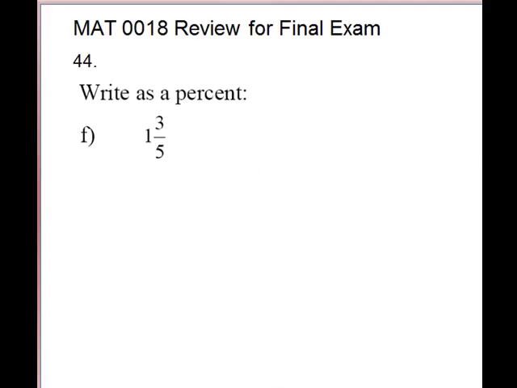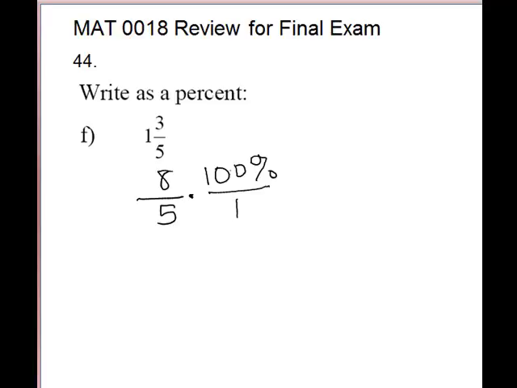For our mixed number, there is more than one way to go to get to percent, but let's just go ahead and multiply by 100% since that's what we've been doing. To multiply by 100%, let's make this into one number, so an improper fraction. So 1 times 5 is 5, 6, 7, 8. So we have 8 over 5 times 100% over 1.